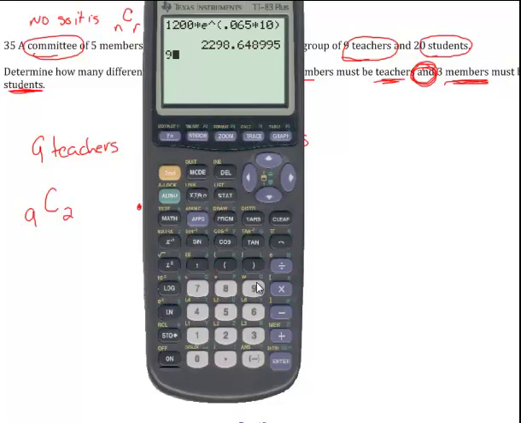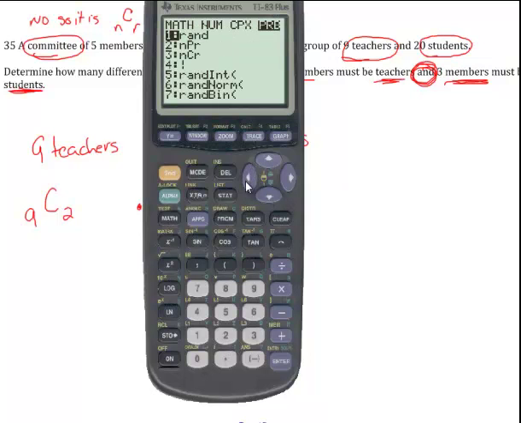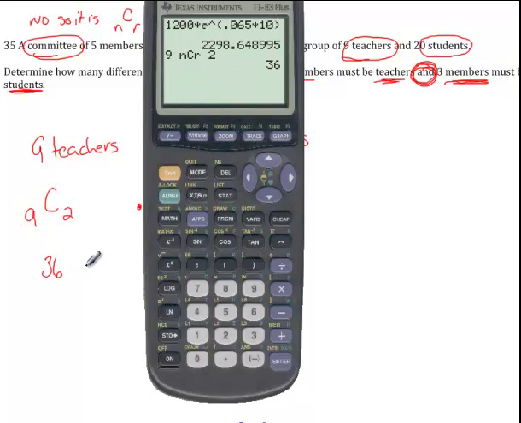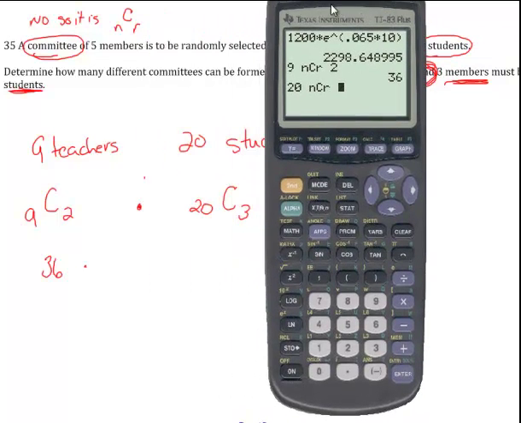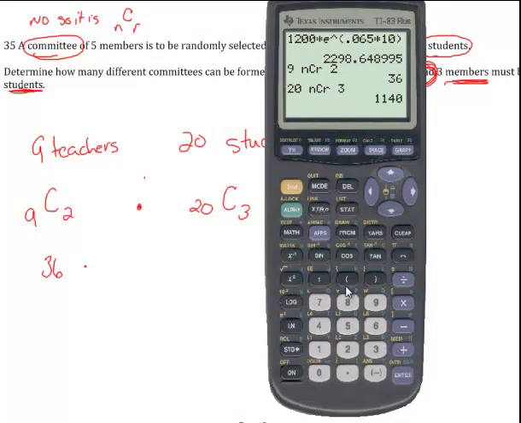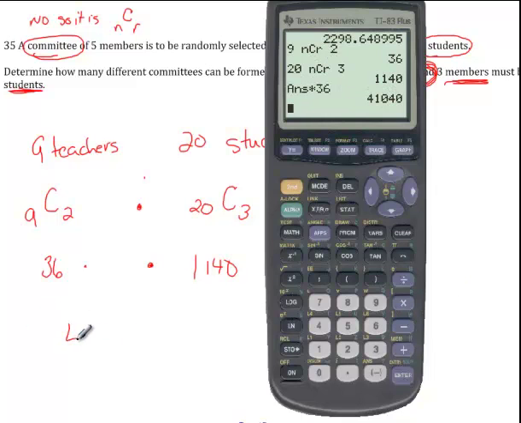So 9C2 is 36, and 20C3, how many was picking? 3, so 1,140. And now I'm going to multiply those together. So I have 41,040 possible combinations.